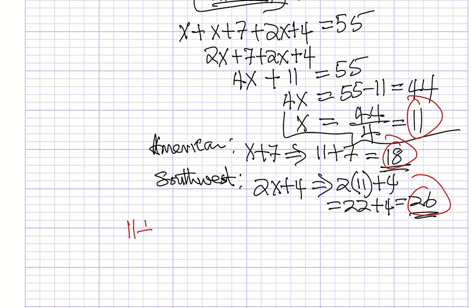You add 11 plus 18 plus 26. What do you get? You get 55. It should add up to 55, right? That's basically what that thing is saying. If you add it up, then we're done. And he did, it's 55, and then we're done with that problem. We'll just move on.